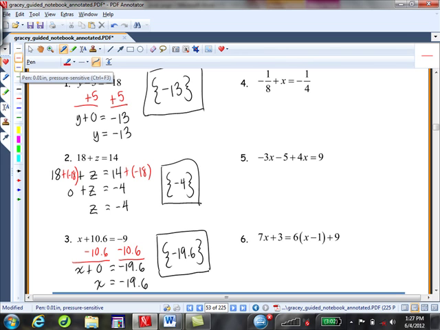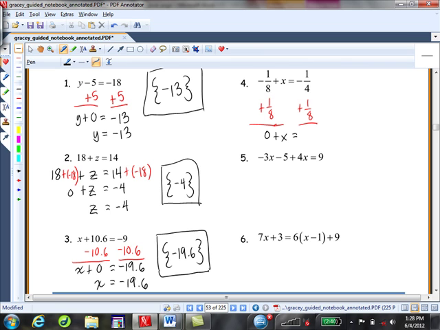We will be adding 1/8 to both sides. Now be careful. You've got a fraction on the right side, two fractions that have unlike denominators. So here on the left side, we're going to end up getting 0 plus x is equal to.